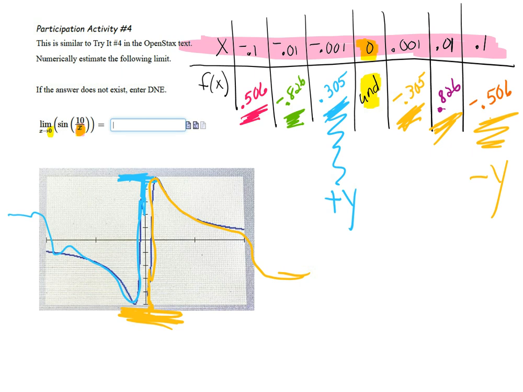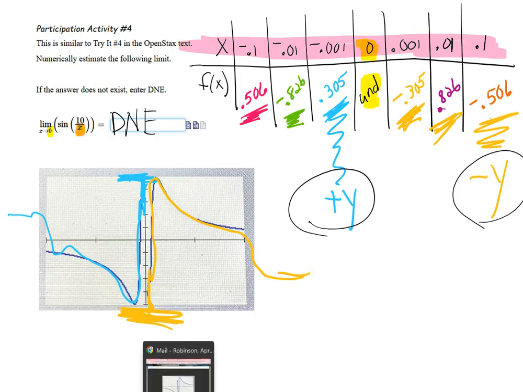So even though I don't know exactly what number it is, a positive y will never equal a negative y. And if your limit from the left is not the same as your limit from the right, then the limit is undefined. Or what did they say? Oh, does not exist. DNE. Does not exist.